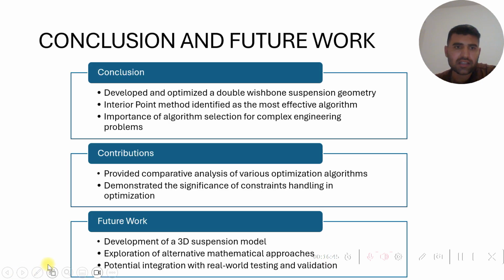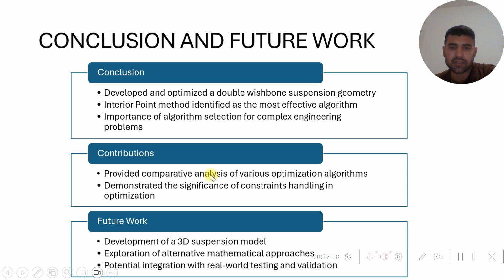So the conclusion is that we developed and optimized double wishbone suspension geometry, and the interior point method was identified as the best among the other algorithms. We also checked the importance of algorithm choice, that not all these methods, like particle swarm optimization, are always good for every problem. In this case the interior point method is good for convex problems and gives the better result.